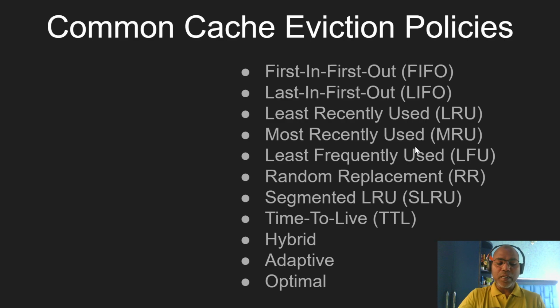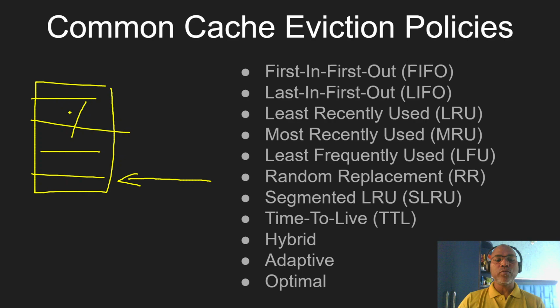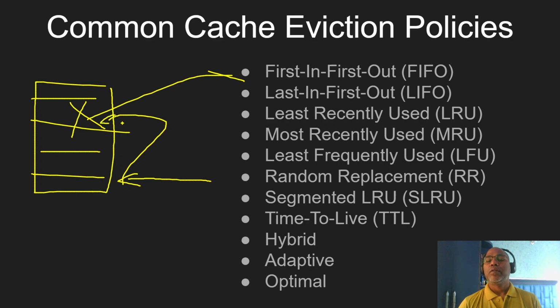Choose them carefully, because each has a different approach to the way you remove entries from the cache. The objective of the eviction policy is this: I want to place a new value in the cache, but there is no space available. First I have to remove some item from here, and then I am going to put in the new one.